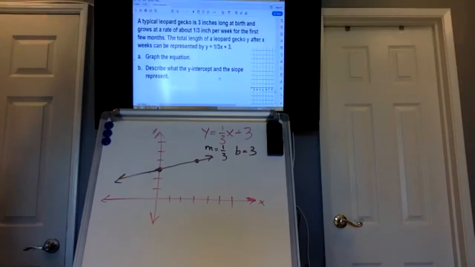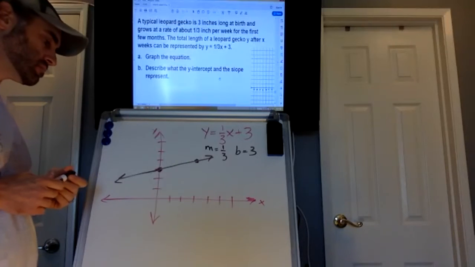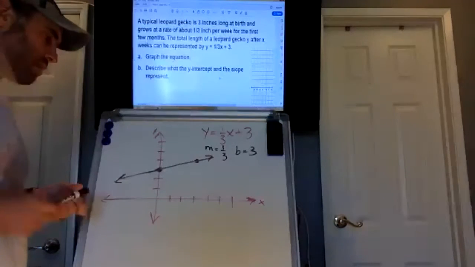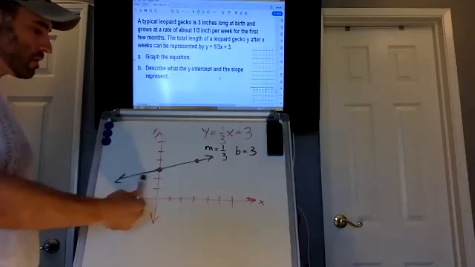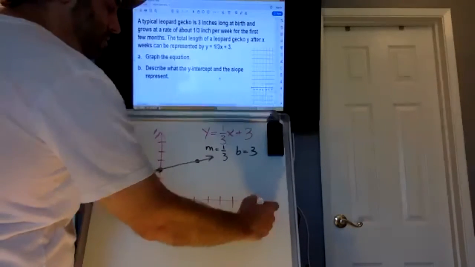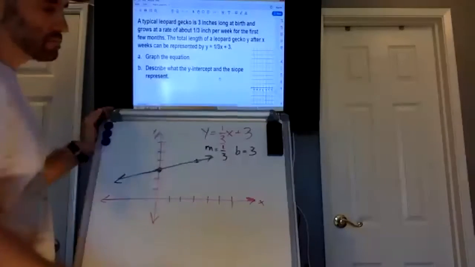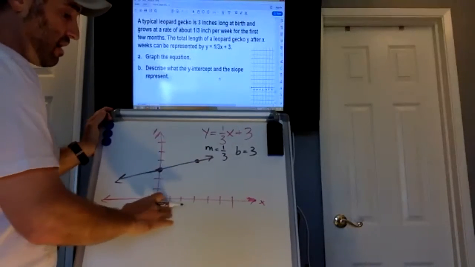There it is. What does that y-intercept mean? It's the starting length. It's the length at birth. Yeah. Why does this not make sense back here? What is x measuring? Time.